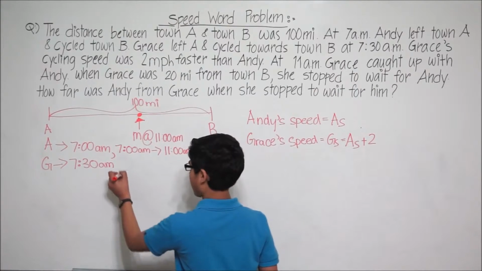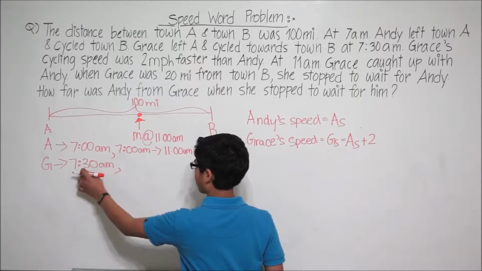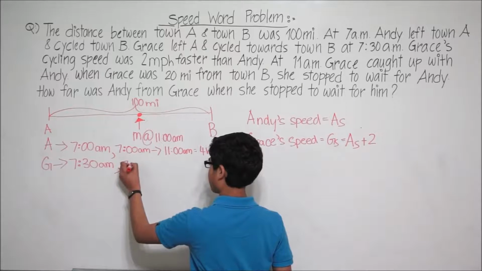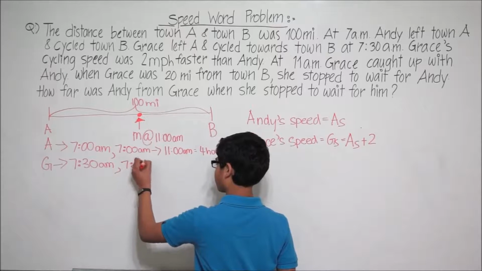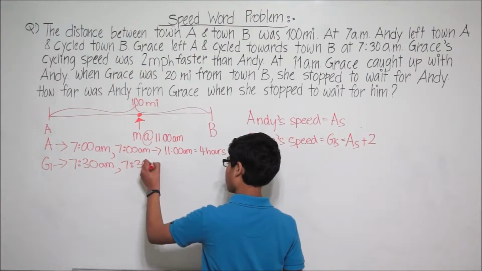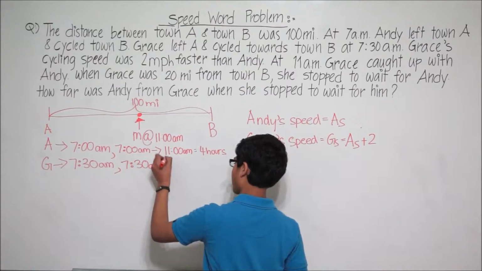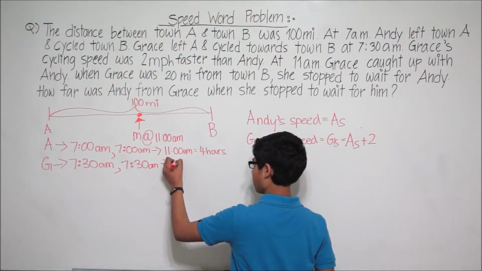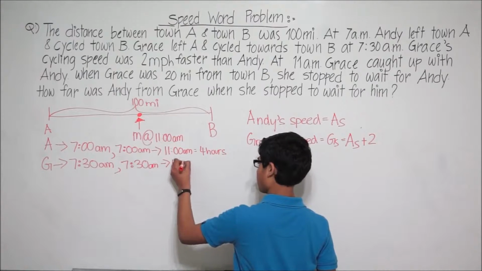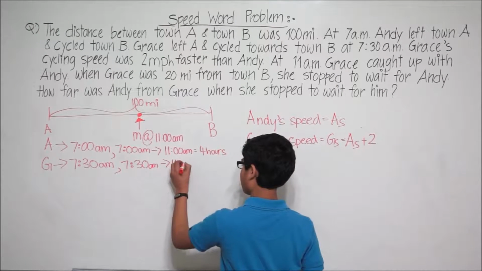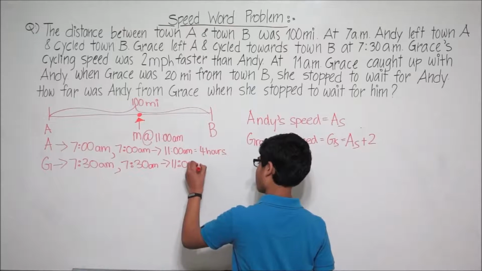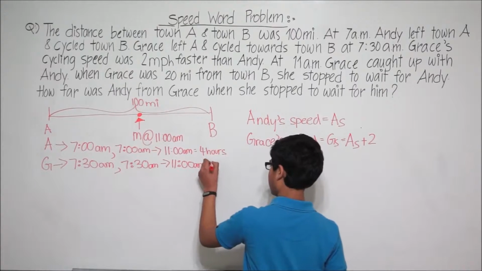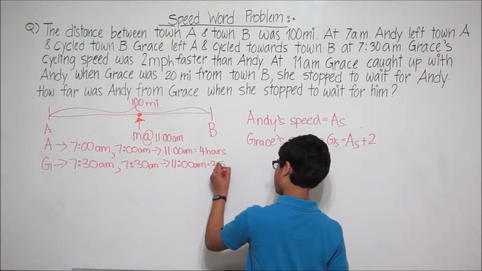And the time that Grace took to go from 7:30 a.m. to 11 o'clock a.m. is equal to 3.5 hours.